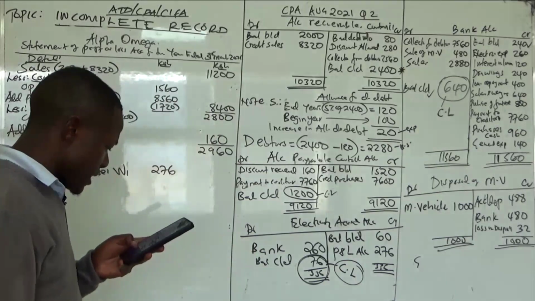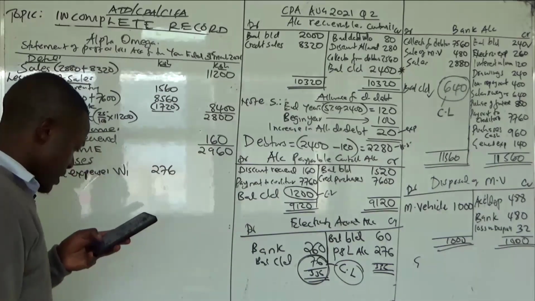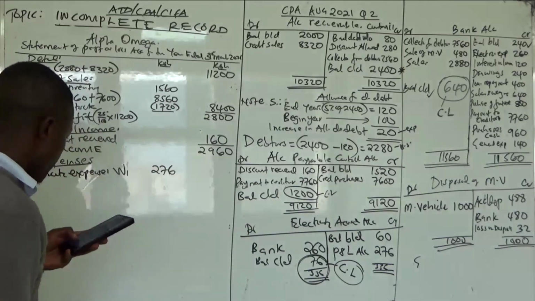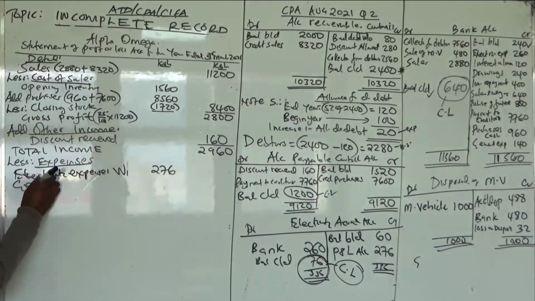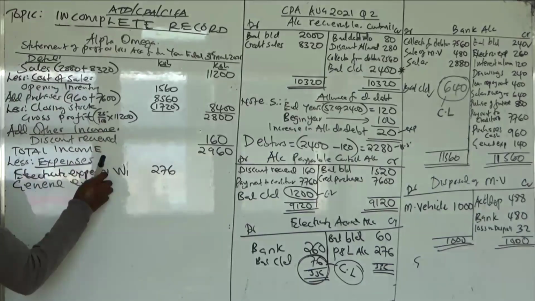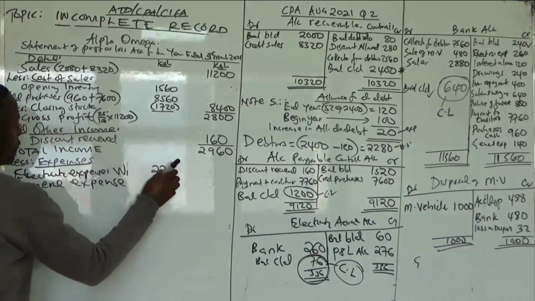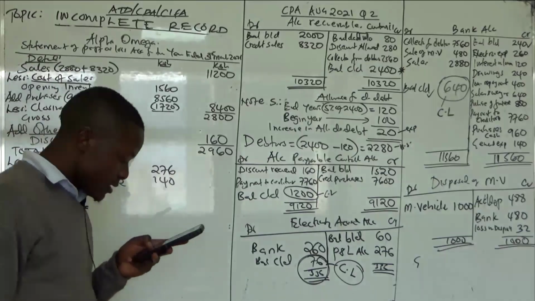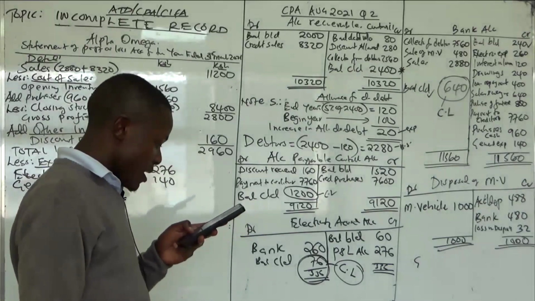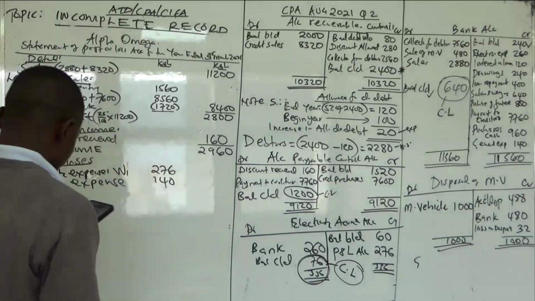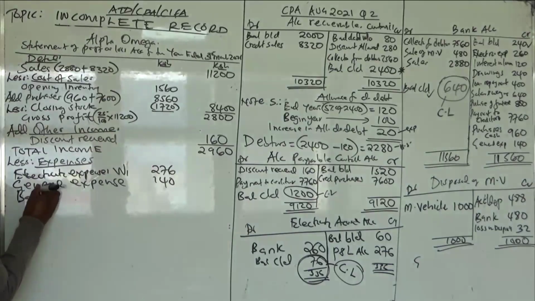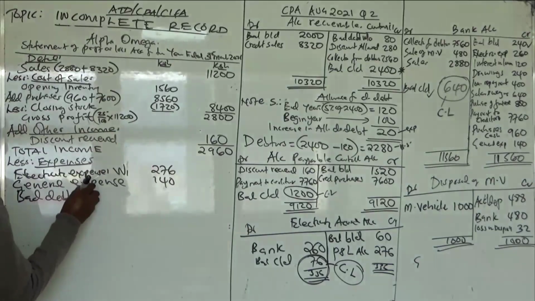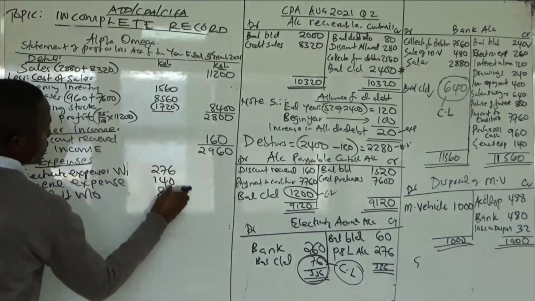Does general expenses have some adjustment? None. General expense is 140. Then is there the issue of bad debts? Bad debts written off is 80.